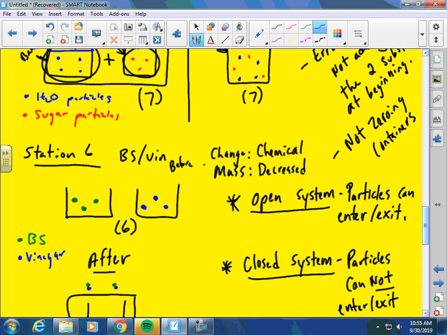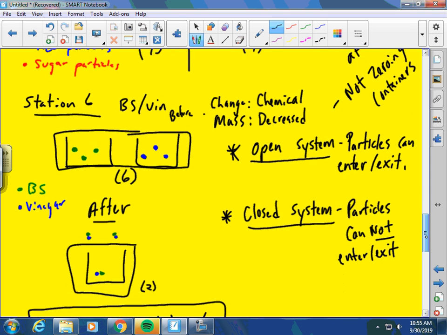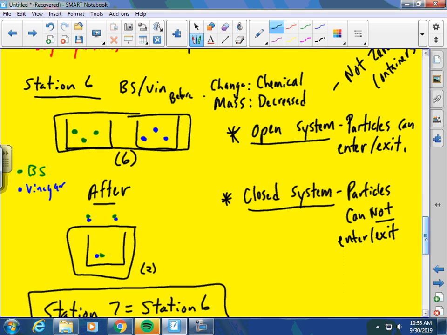So my mass before is really going to be 6 particles. Now when I combine them, all I did was stick them together because it's a chemical change. So as you can see here and here and here, I just stuck them together to make a new substance.